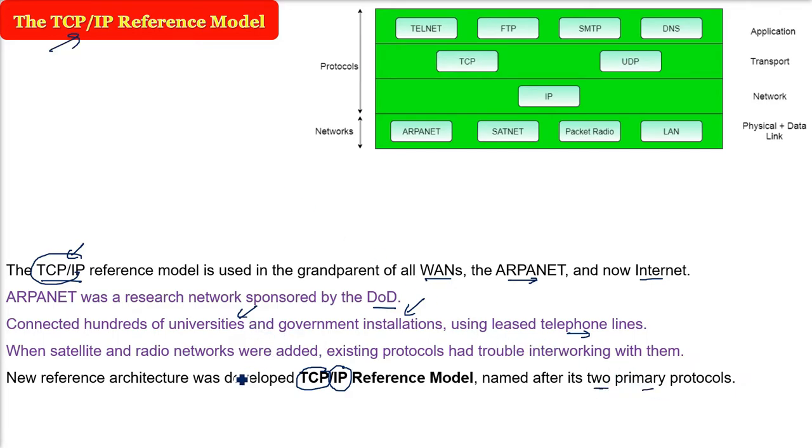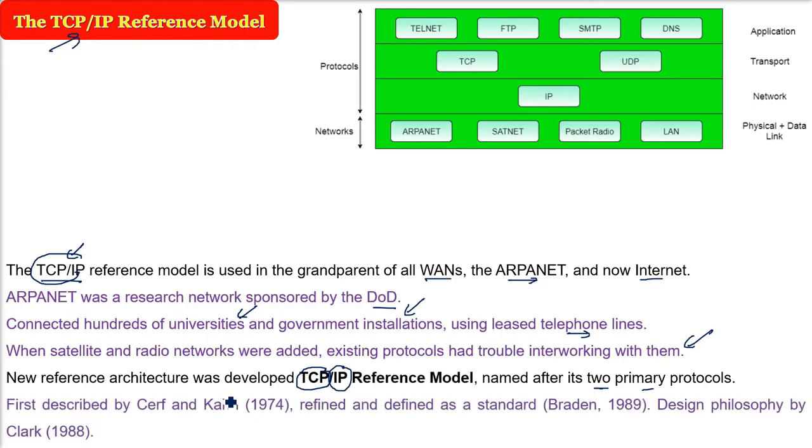So TCP/IP came as a standardization of other protocols which were going on the internet. It was first described by Cerf and Kahn, then refined and defined as a standard by Braden, and the design philosophy of this reference model was given by Clark.